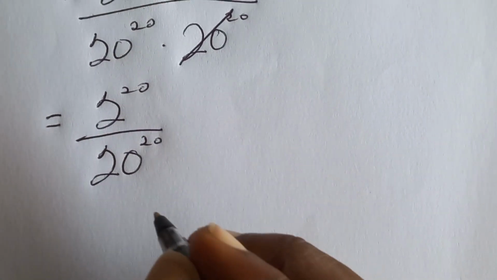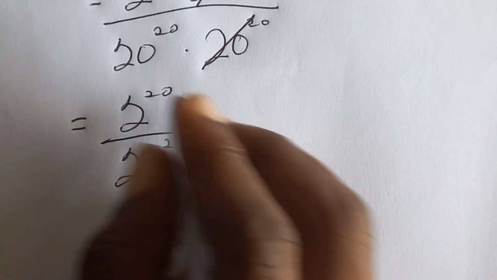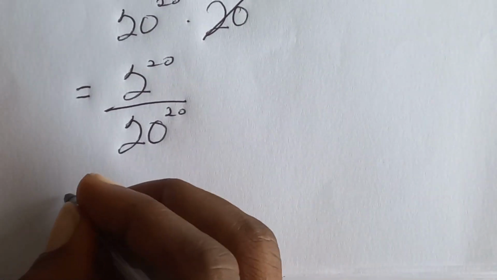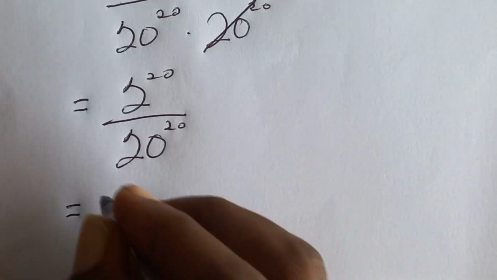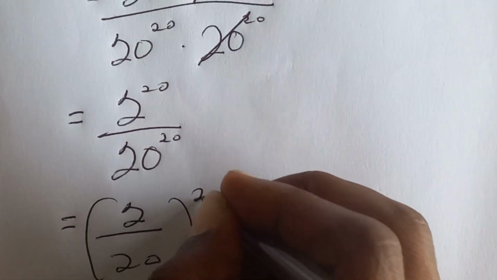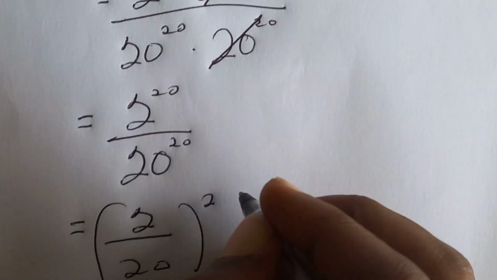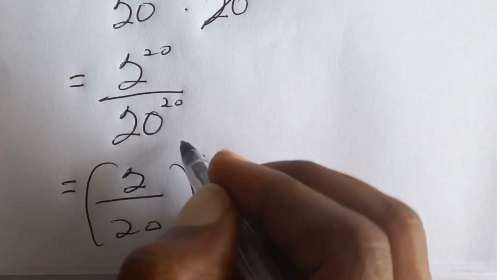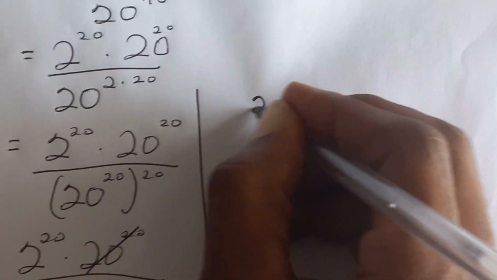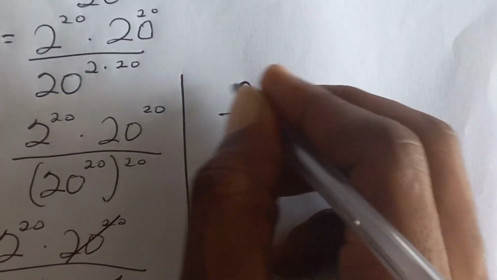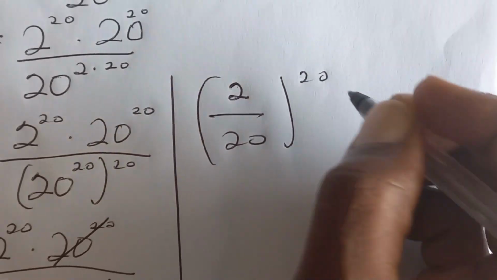Okay, now we can express this as 2 on 20 all over, into bracket exponent 20. Okay, because they're having common exponents. Okay, so 2 over 20 exponent 20.